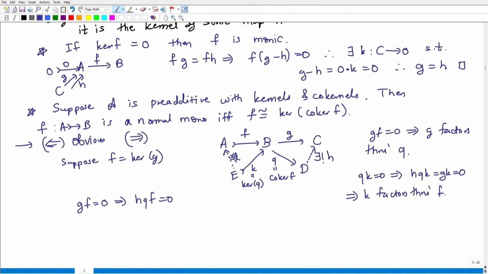What does that mean? There is a map from A to E. Directly, can you conclude that? See, what do you need? You need to show that QF is equal to 0. How will you conclude that?